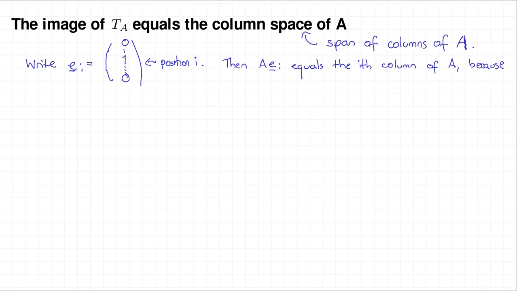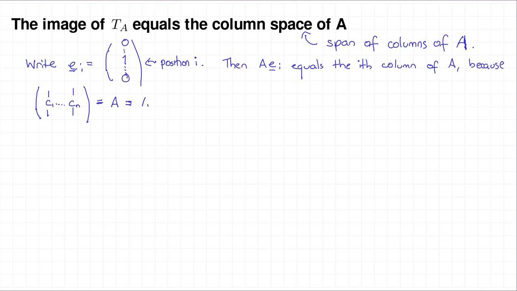This is just a few easy observations about matrix multiplication. So let's give the columns of A some names. We're going to call them c1 up to cn. So this is my matrix A. I'm just giving names to the columns.